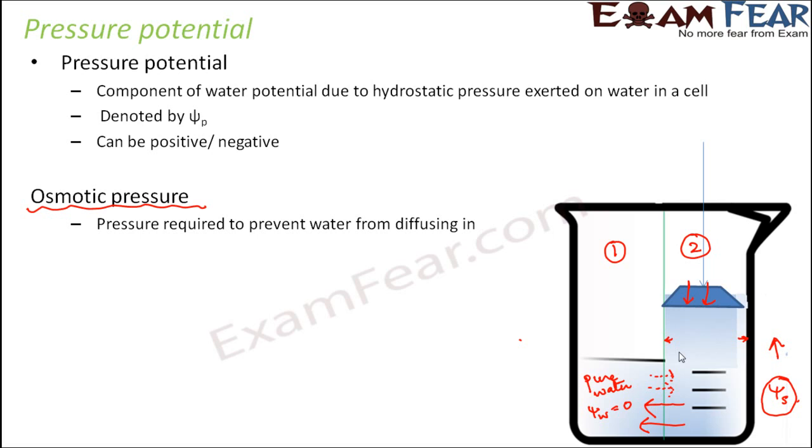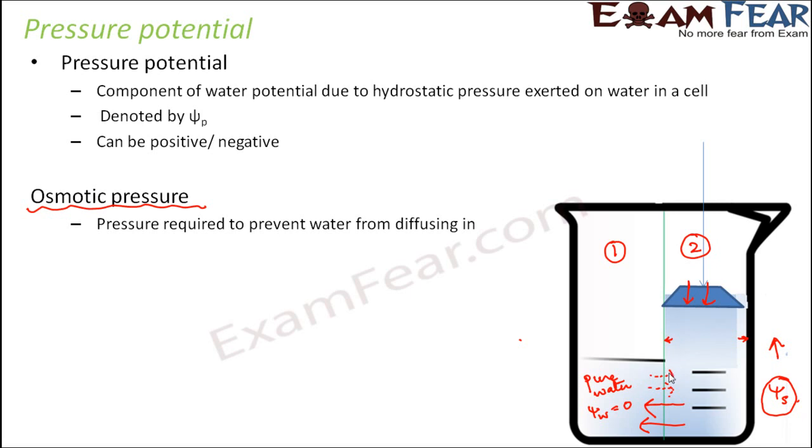This positive pressure which is required to prevent water from diffusing in is called osmotic pressure. Before you applied this pressure, what was happening? Water was entering from 1 to 2. If you don't want any further water to move from 1 to 2, you can apply some pressure from here. As you keep increasing the pressure, gradually you will see that water stopped coming in from 1 to 2.